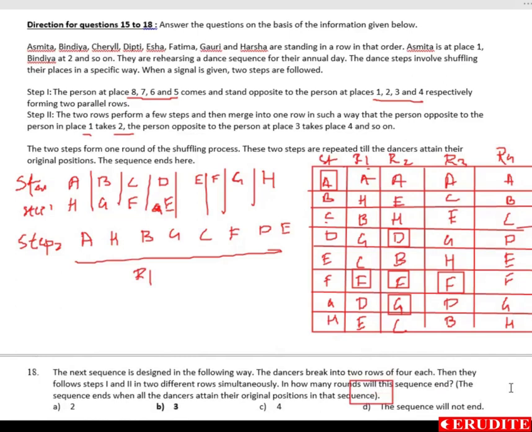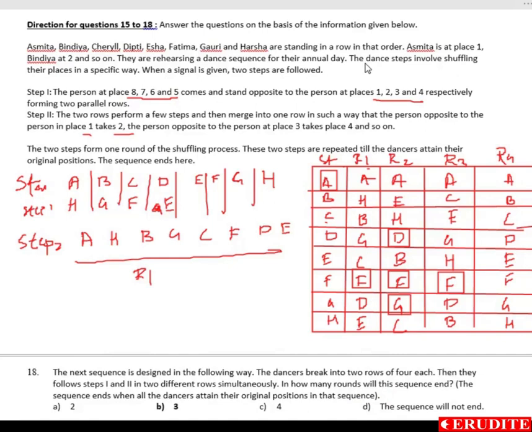The next sequence is designed in the following way. The dancers break into 2 rows of 4 each. Then they follow step 1 and step 2 in the different rows simultaneously.